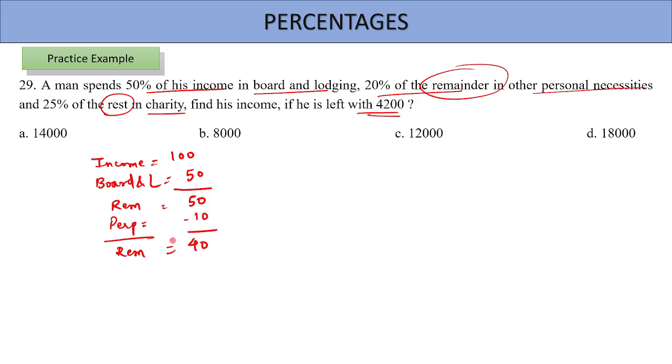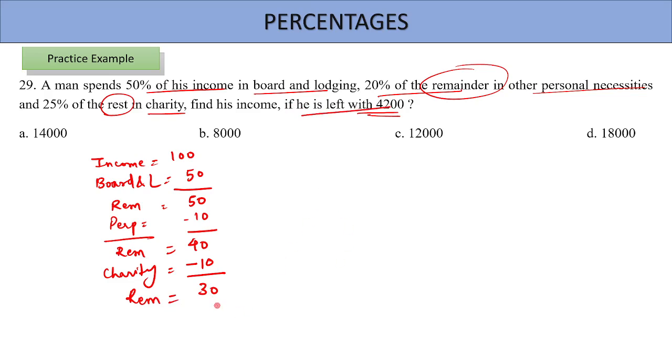And 25% of the rest. Rest means 40 is the rest amount. And on charity, he spends 25%, which means 25% of 40 is nothing but 10. So the remaining is 30. Find his income if he is left with 4200.